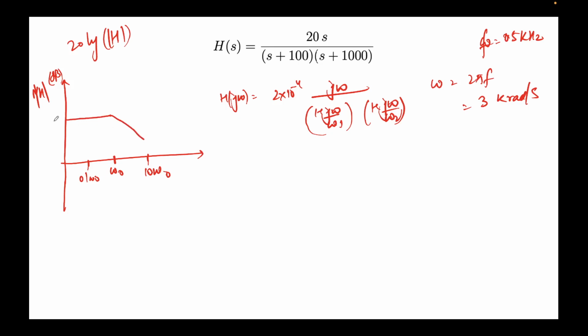So if let's say this value is 30, here it will be 10, and then if we go to 100 omega naught, this value will become minus 10. I am talking about a single order pole.